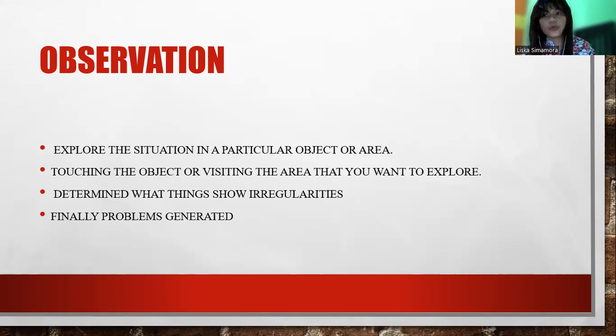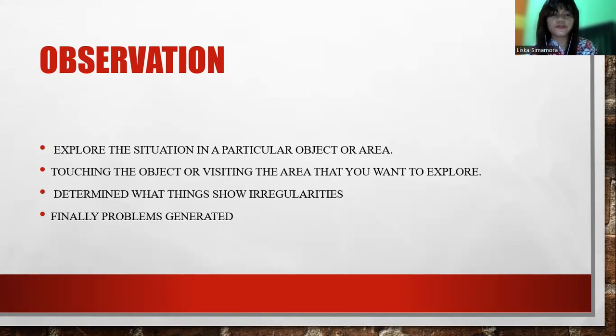And then we go to that area and we see, let's say, a coffee plantation. And in this coffee plantation, they have a problem. Let's say the problem is the reducing of the coffee production. So we visit that area and then we observe why the coffee production is decreasing.